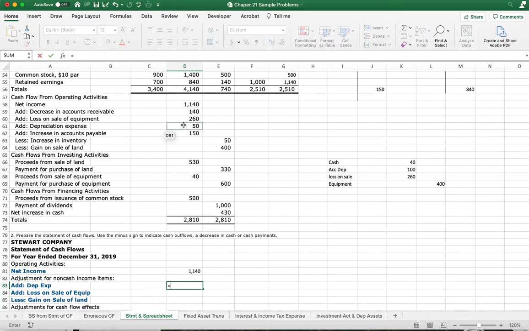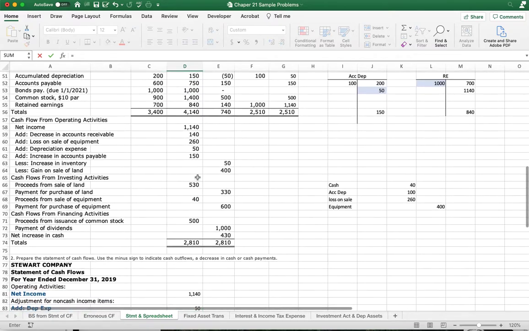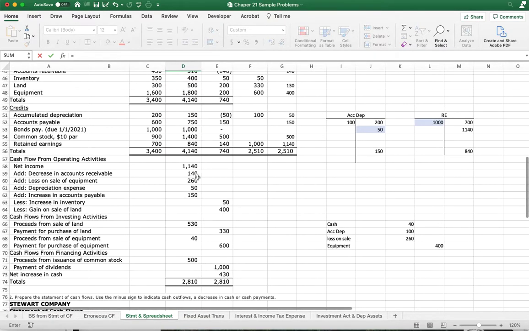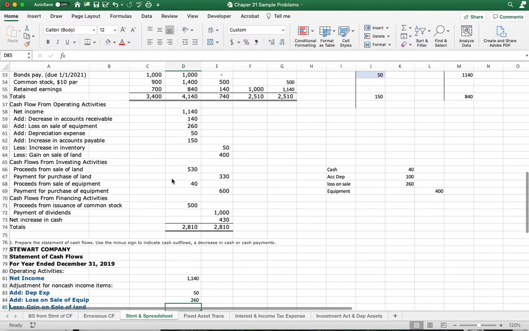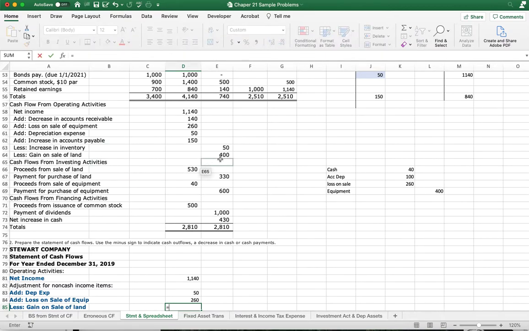And so we can just reference back up our depreciation expense being 50, the loss on sale of equipment was the 260. The gain on the sale of land was 400.